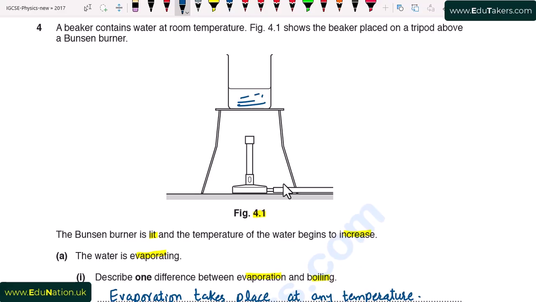The water bonds break and molecules gain energy. More molecules have enough energy to evaporate, so the rate of evaporation increases by increasing temperature.